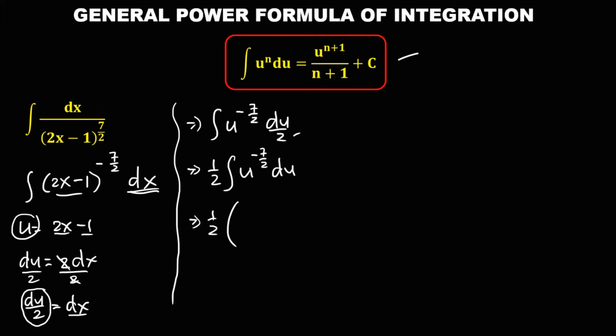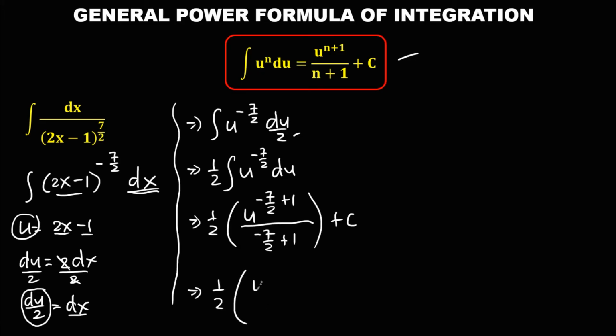Then from this formula, we have 1 half times u to the power negative 7 over 2 plus 1, over negative 7 over 2 plus 1, then plus c. Then to simplify, we have 1 over 2 times u. For negative 7 over 2 plus 1, using the butterfly method, we just need to put denominator 1, then multiply.